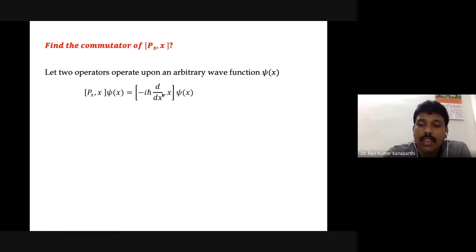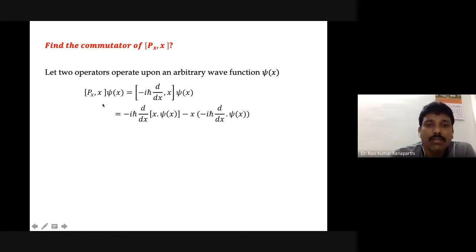Now you can expand and write down minus i h cross d upon dx multiplied by x, and then psi of x is written on the right hand side of the two operators. This entire thing is our first operator, multiplied by the second operator x.